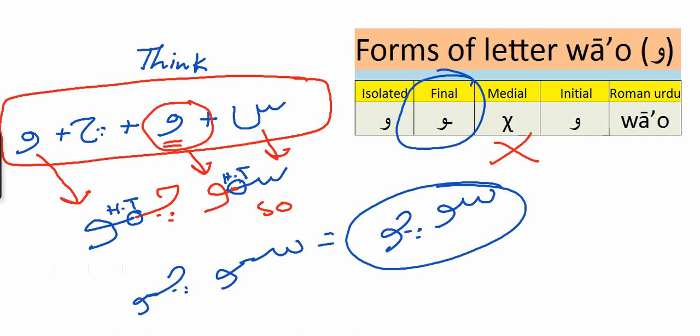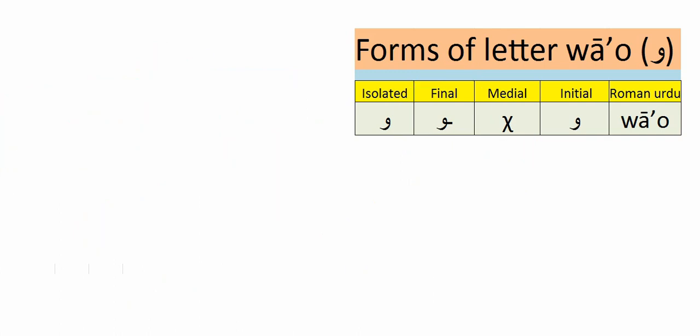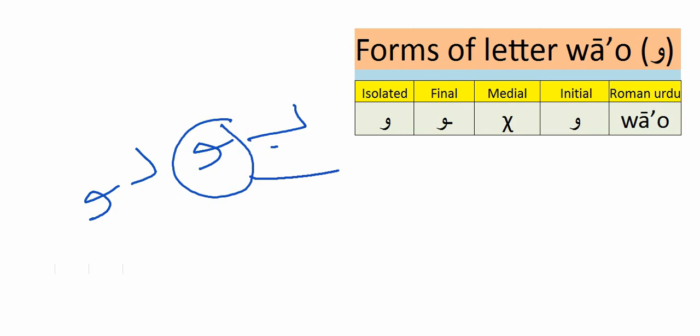Another example is Bolo. Say initial Ba, then final Waw. Bo. Then an initial Lam and final Waw. Lo. So this Waw, the circle one, is final Waw. The head of Waw we are connecting with the tail of Ba at this point.